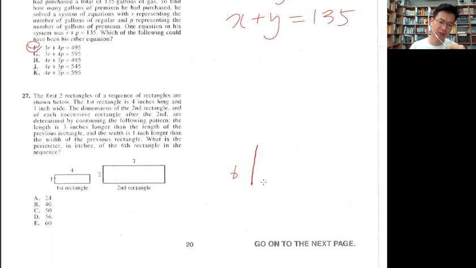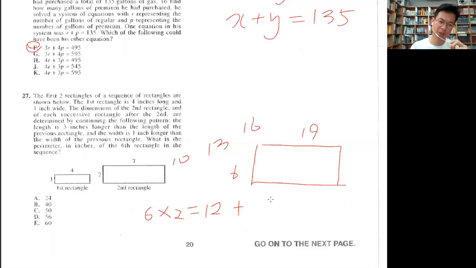On the side. And there's 4, 6, 10, 13, 1, 2, 3, 4, 16, 5, 19, 6. So 6 times 2, which is 12, plus 19 times 2, 38, which is 50.